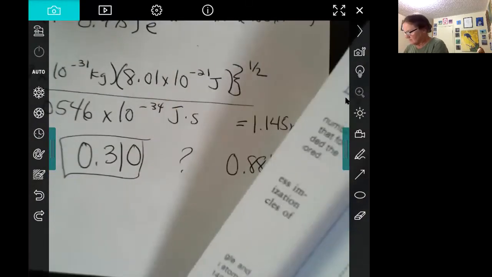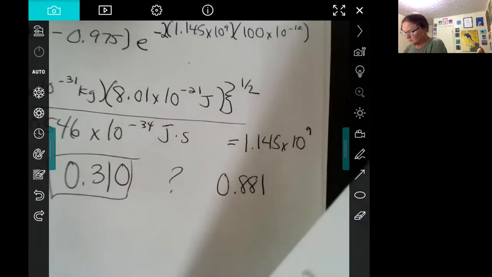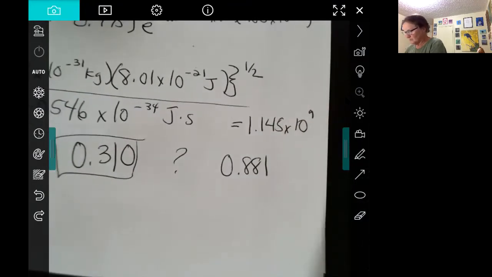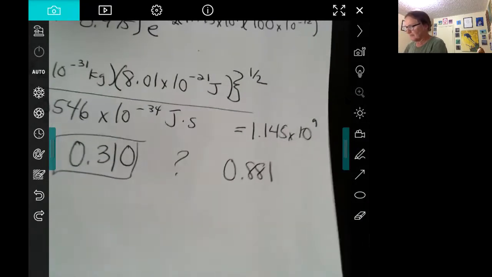So let's look at self-test 7C.2, which is on the next page. So it's on page 336.